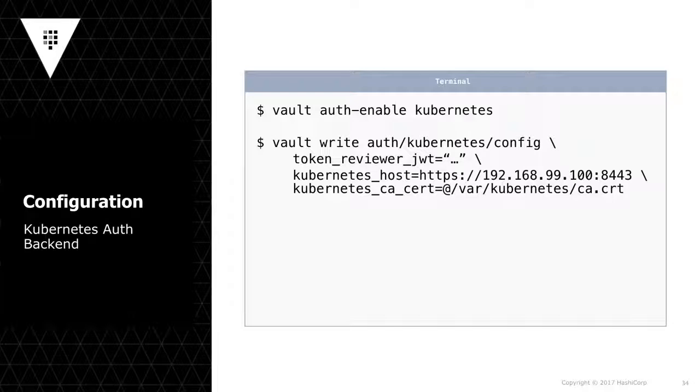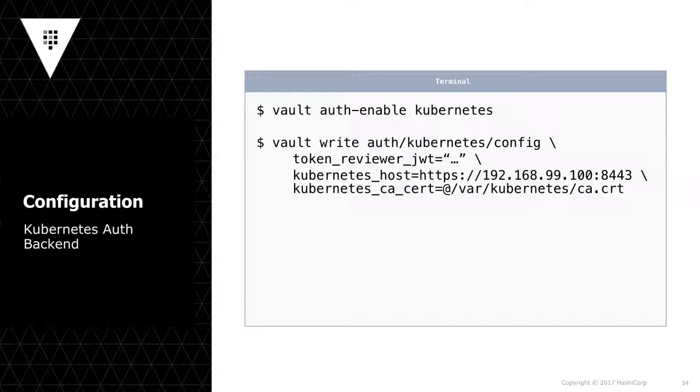The way to configure this would be, first you need to enable the authentication backend. So you'd call vault auth enable kubernetes, which tells Vault we want to start using this auth backend. Please mount it for us. Then to configure the backend, we call the auth/kubernetes/config endpoint. We give it the token reviewer JWT, which is a service account token whose sole role is to validate other JWT tokens that are passed into this backend.